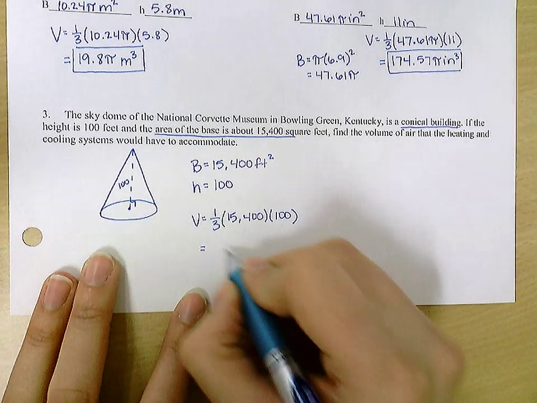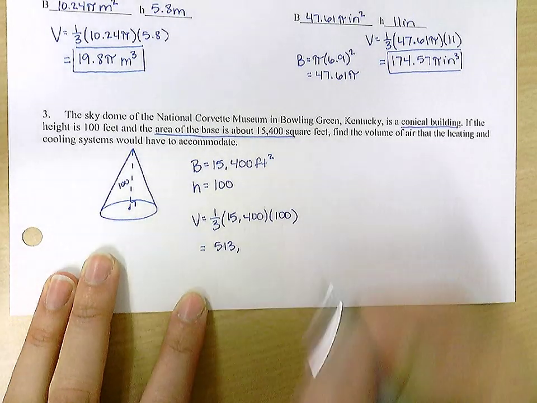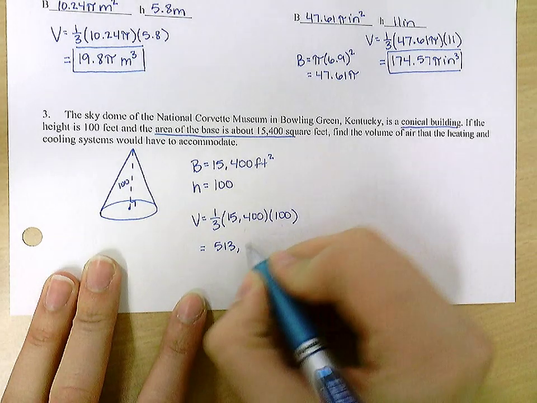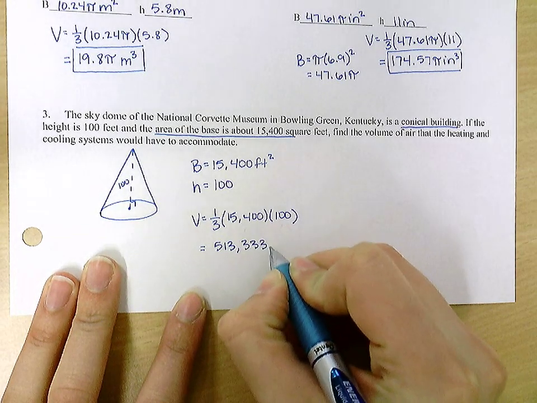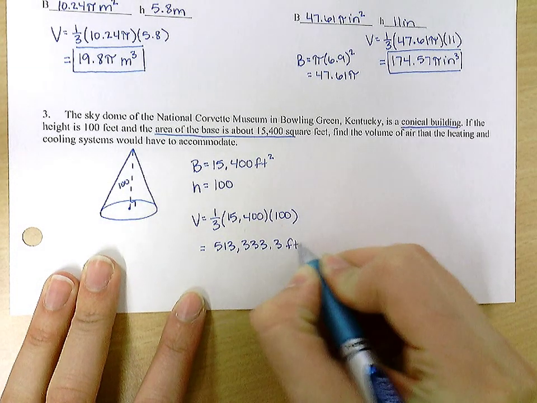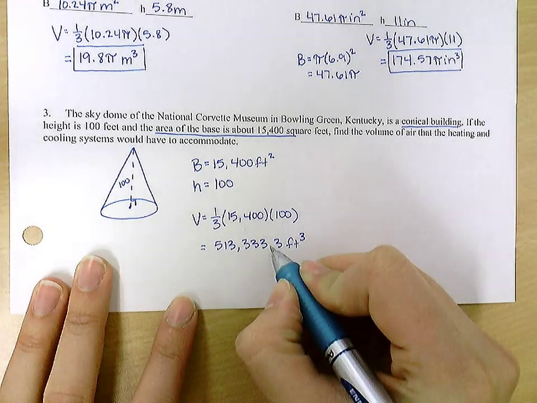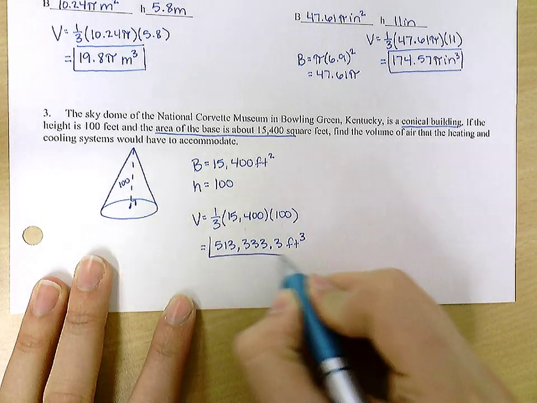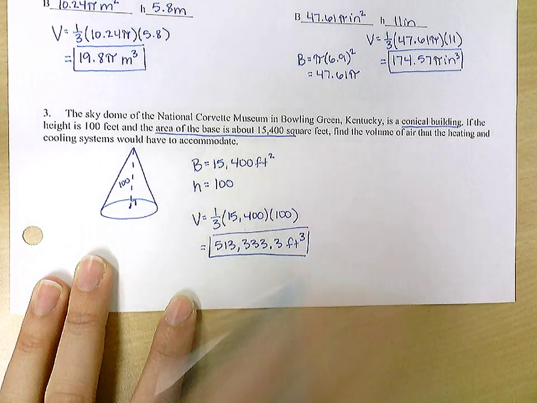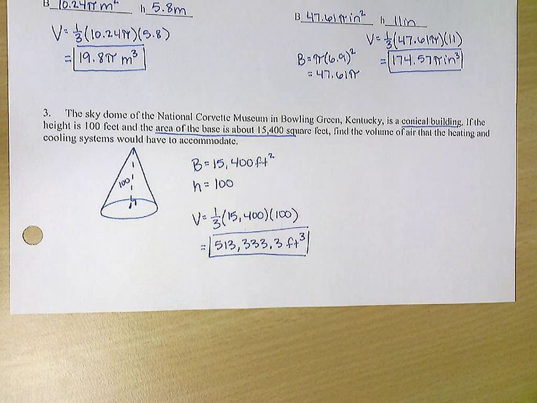And you should get 513.3 feet cubed. Questions on how to find the volume of a cone?